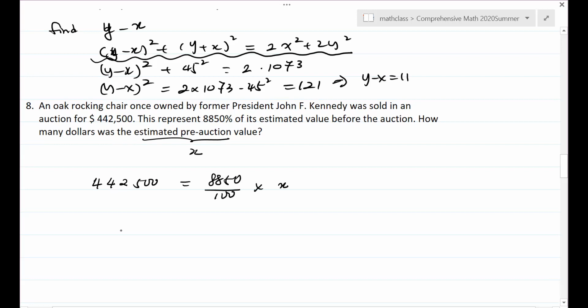Right, so this equation, then you get 442,500 divided by 8.85, right? And after you calculate, this is going to be 5,000. So the original pre-auction estimate value is 5,000. Right.